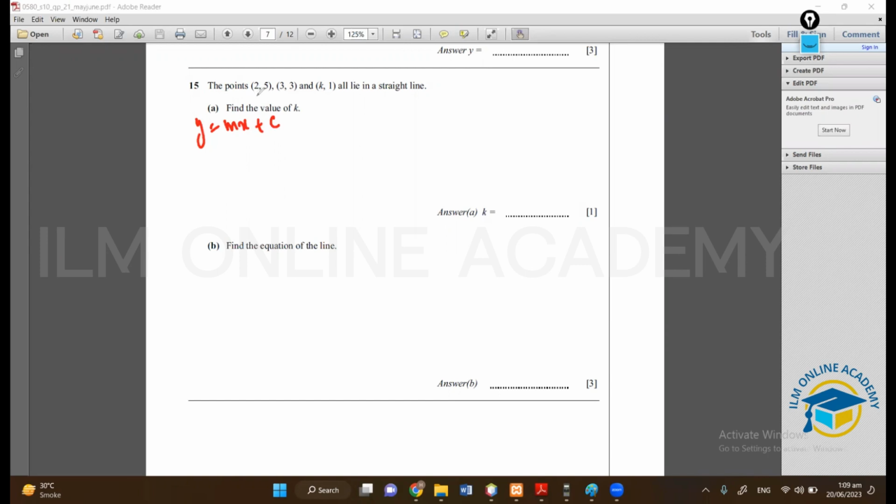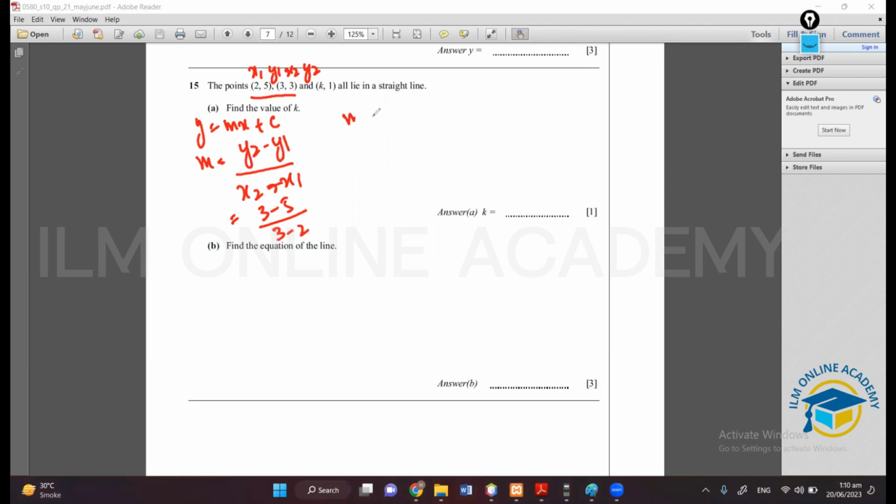So what we have to do is that here we have these 2 points. So let's consider them x1, y1 and x2, y2. So the formula of m is y2 minus y1 over x2 minus x1. So y2 minus y1 is 3 minus 5, over x2 minus x1 which is 3 minus 2.